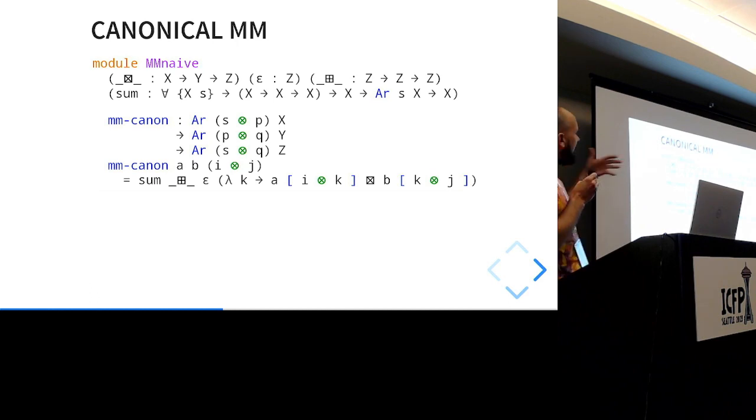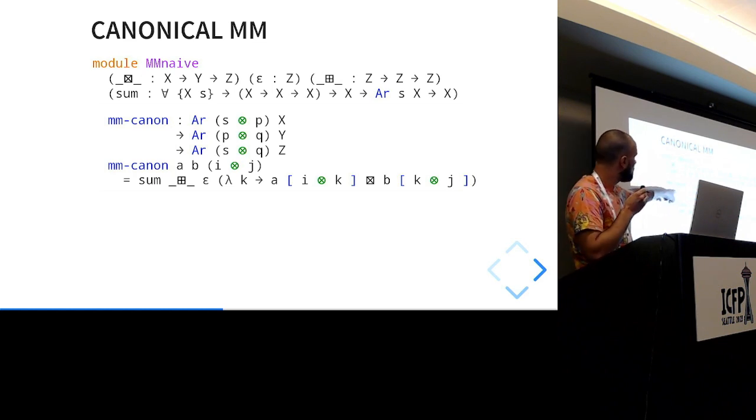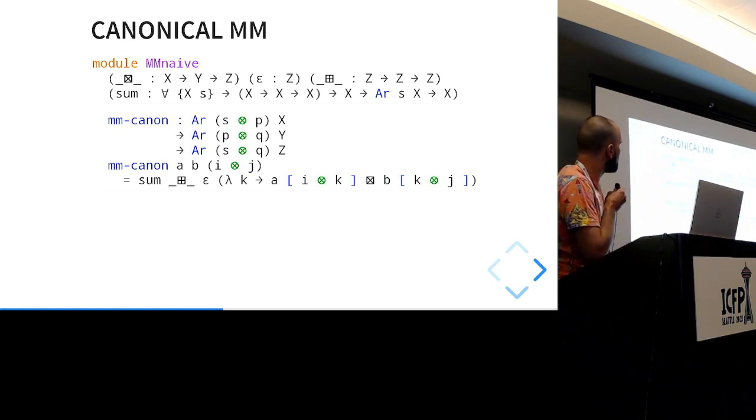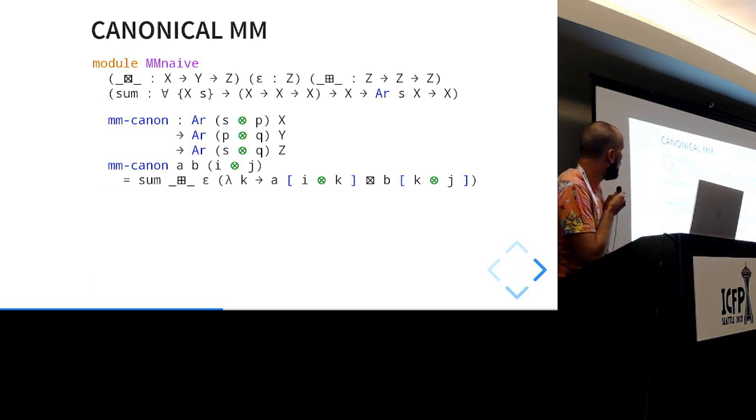Now, the naive matrix multiplication in this system is specified like this. So you can see that we can encode the necessary matrix multiply relation so that this subshape matches as follows.